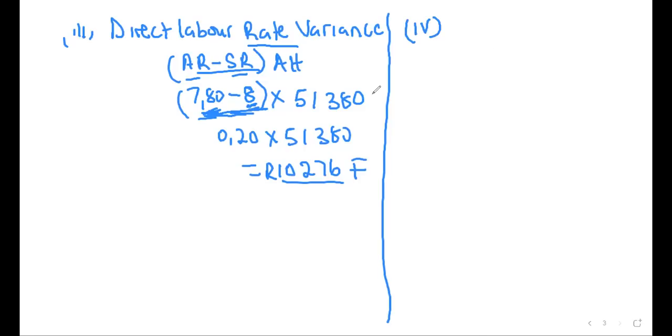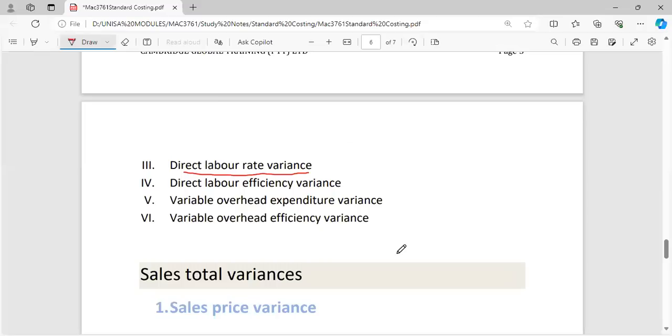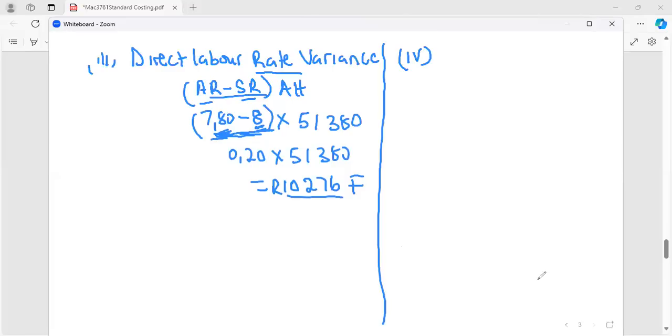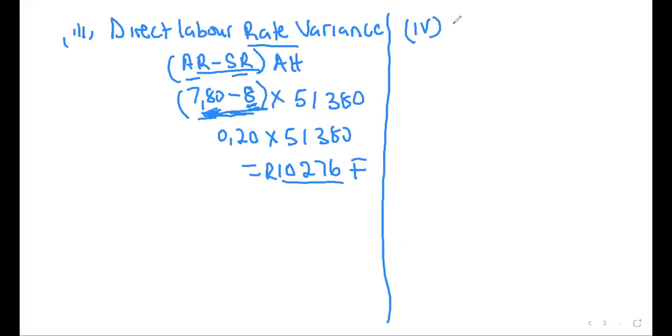Right, so number 4 is direct labor efficiency variance. Efficiency variance is just like quantity variance. So you are looking at the number of standard hours against actual hours.